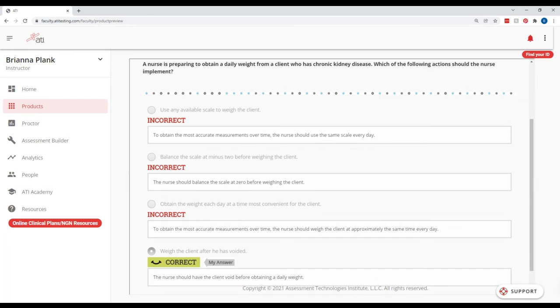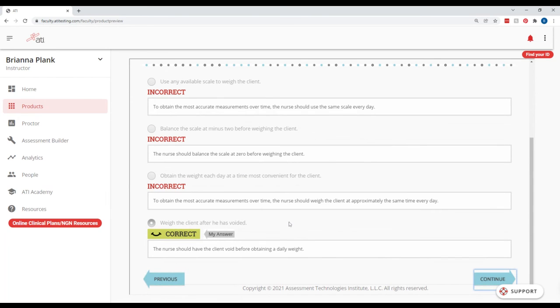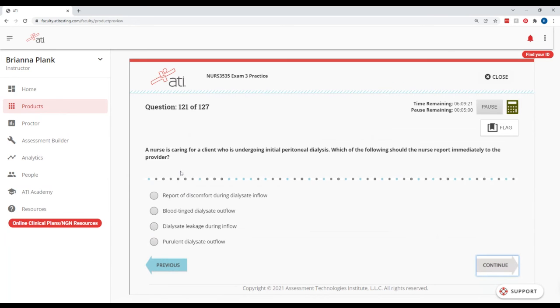It was like a pillow, a sheet, and a blanket. And that way it was consistent and everybody knew what was supposed to be on the bed. We want to do it at the same time. And then we don't want to weigh their urine. We want to weigh their actual weight. So that is the only answer that made sense.